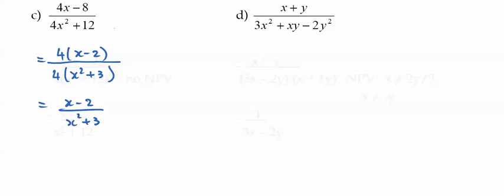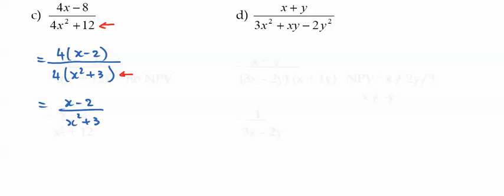Going back to the question itself, try to identify the non-permissible values right before you reduce anything, because that's the best place to identify any non-permissible value.